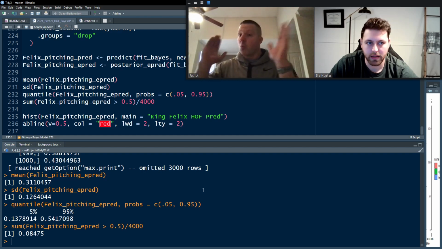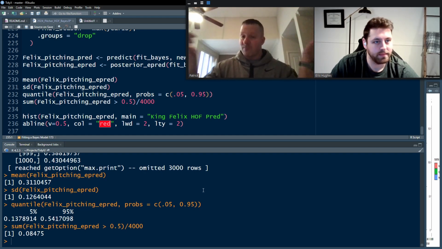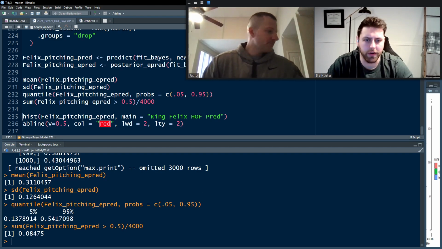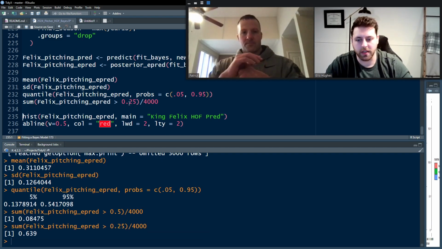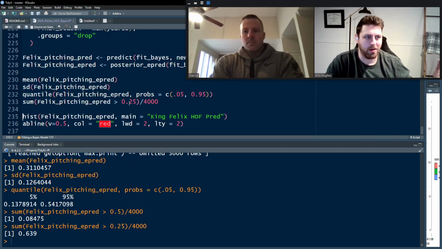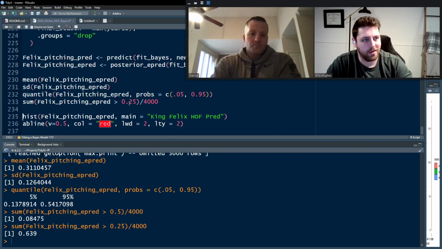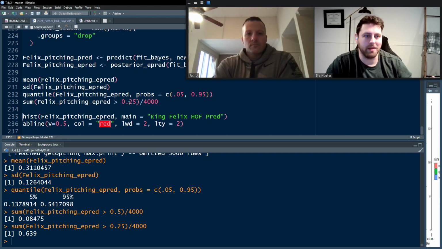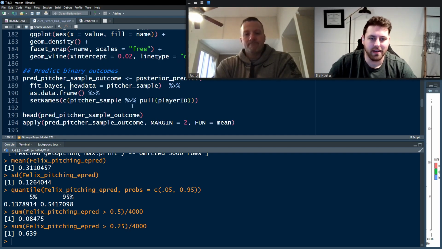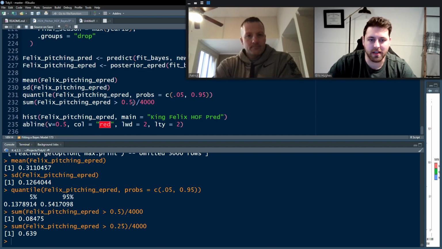If the 50% threshold is a 1 or a 0, so 1 getting in or not, right? And depending on it, you could do some more exploration and determine our model just only needs to be 25%, and then it bumps up to a 63.4% probability of getting in. It all just depends on how you look at it, right?